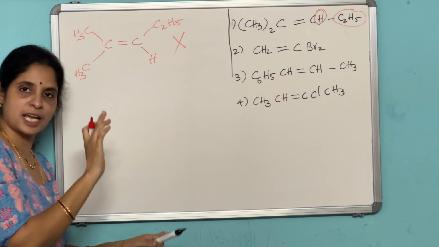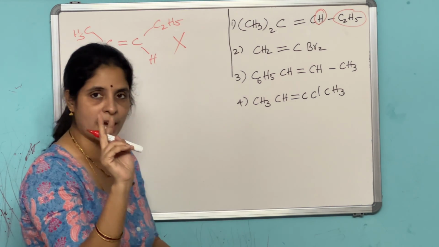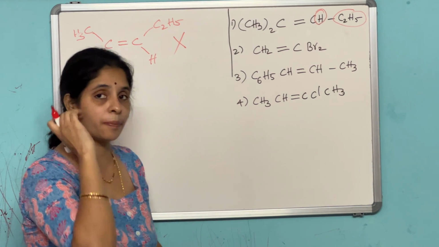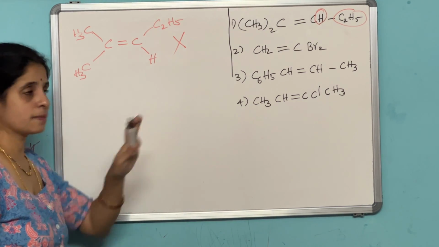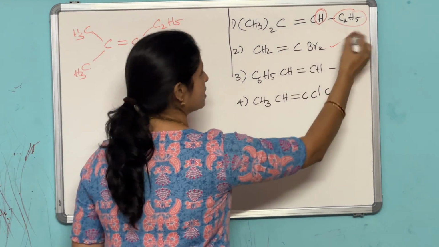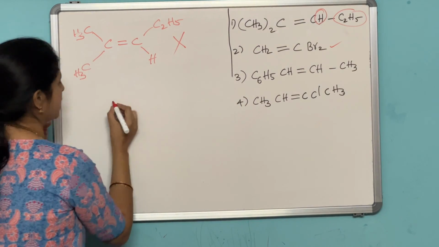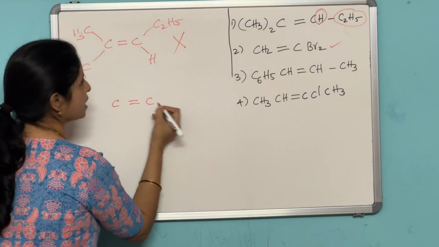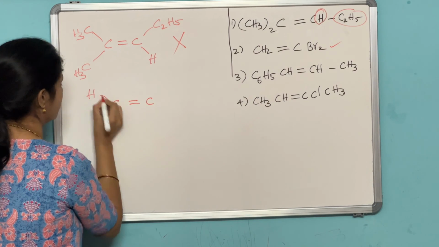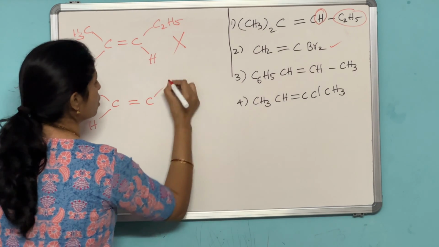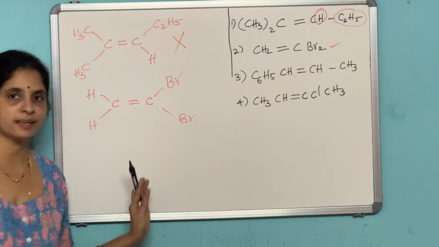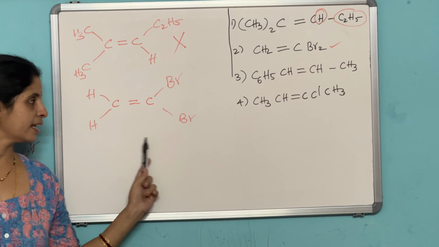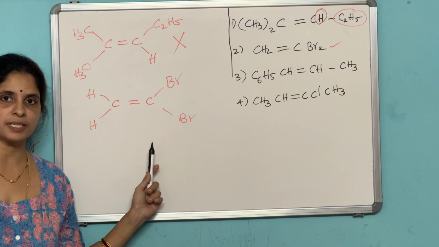Same atoms, same side, between two carbon atoms, and between those two carbon atoms there should be a double bond. And you look at this question also, then this will be very clear. See, double bond, two hydrogens, here one hydrogen, here one hydrogen, two Brs, one Br here, one Br here. Just think once. Does it exhibit geometrical isomerism?